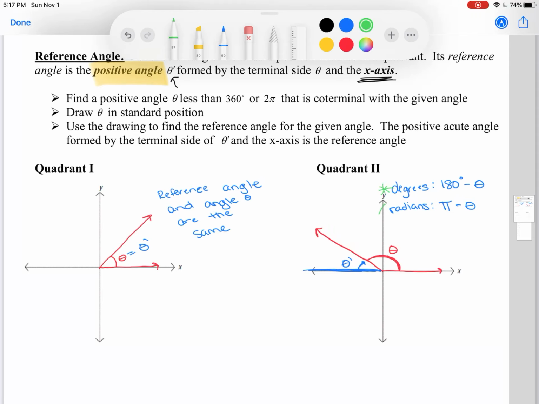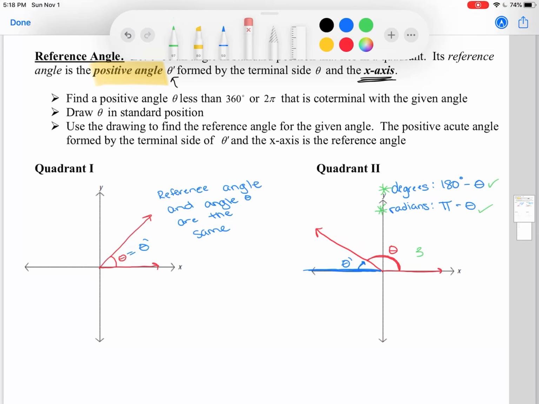If I'm talking about radians, however, instead of 180 degrees, we're going to talk about pi and then subtract our theta from that. So the only difference between degrees and radians is if you're using 180 or if we're using pi. Again, you will know which one to use based off of whatever our theta is. If I tell you theta is, I don't know, 100 degrees, then we know we're going to use the degrees calculation.